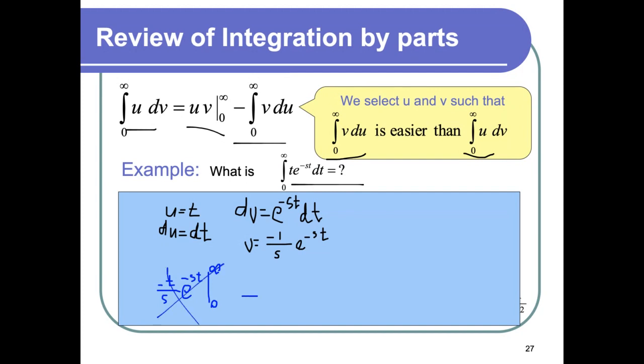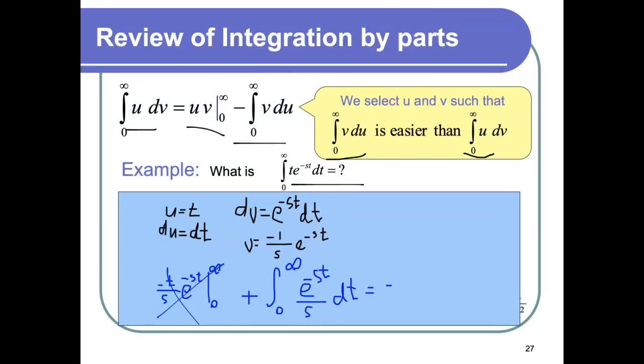Minus v du. So I can take the integral from 0 to infinity. If I use v here, I have a minus sign that can cancel this minus sign. So it is e to the power of minus st over s. Du is simply dt.